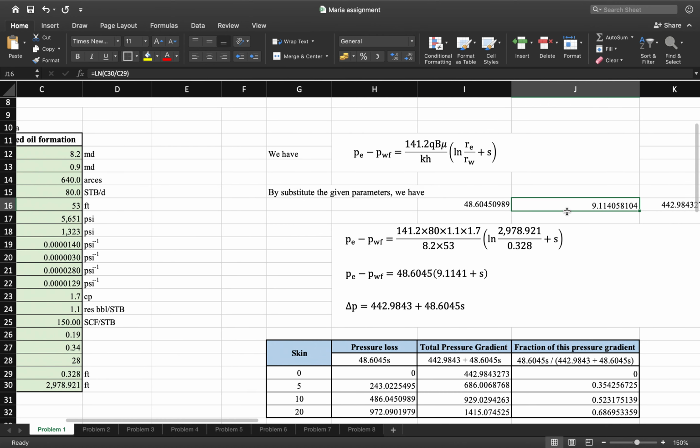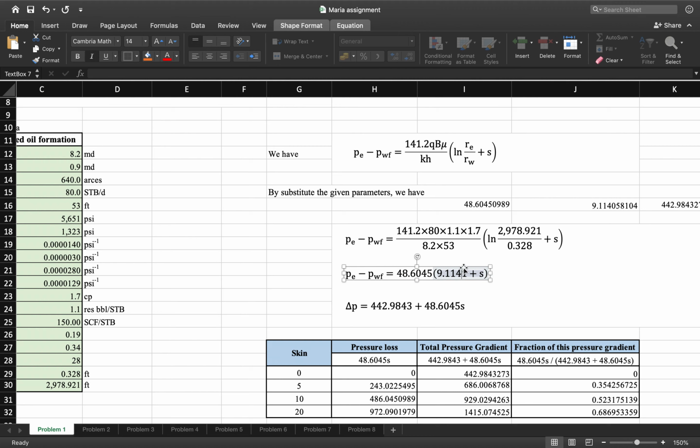And the same thing, you will have this one. When you replace the parameters and calculate, it will be this one. After that, you will have the delta P, which equals to multiplying this one to the inside. You will have this.